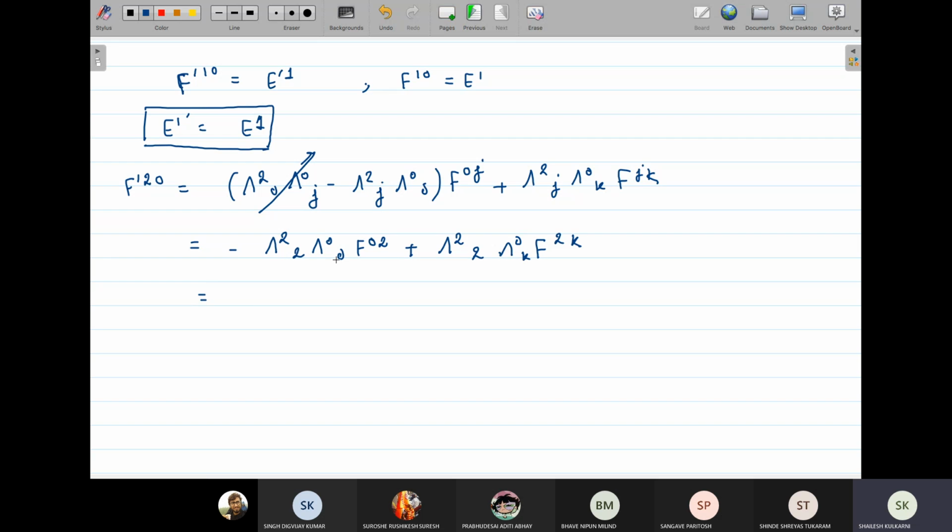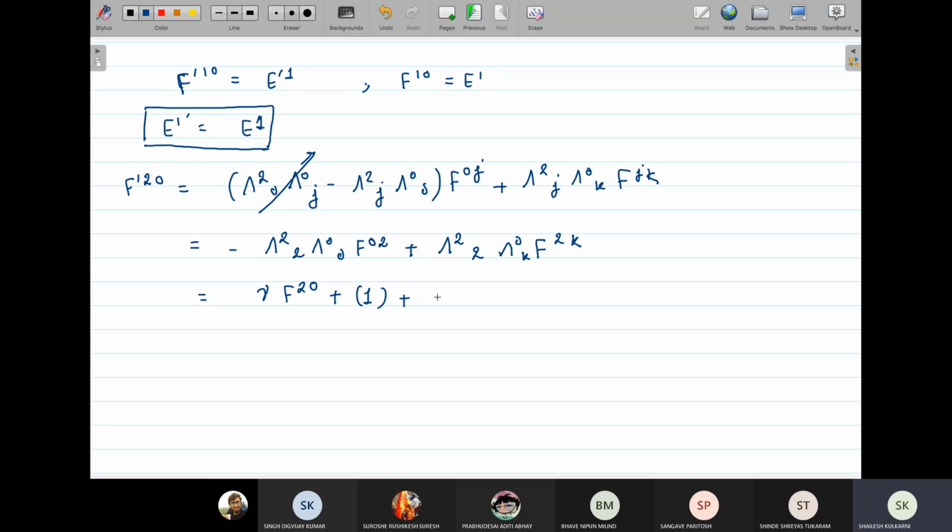So this is minus gamma F20. Plus lambda 22 is 1, lambda 0k. Now if k is 3, then lambda 03 is 0. If k is 1, then lambda 01 is non-zero.